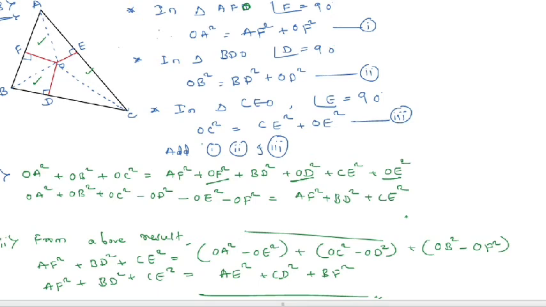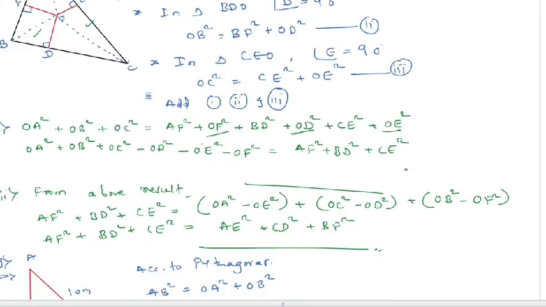So, the LHS term as it is, OA square minus OE square, what will you get? AE square, according to Pythagoras theorem. Now, OC square minus OD square is CD square plus OB square minus OF square is BF square. So, it is proved.